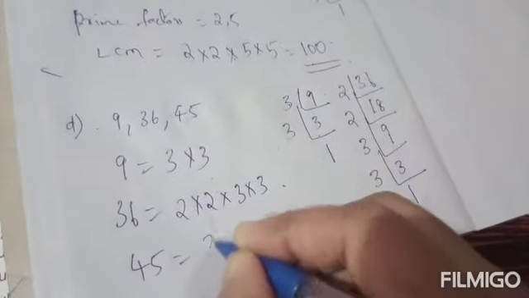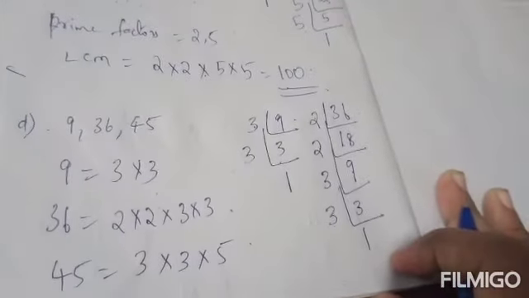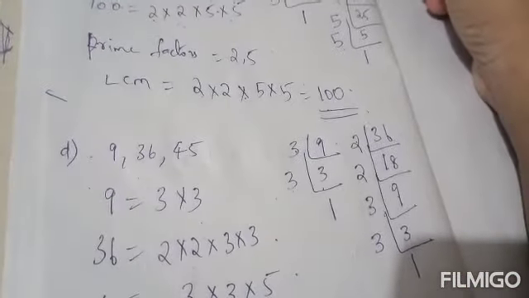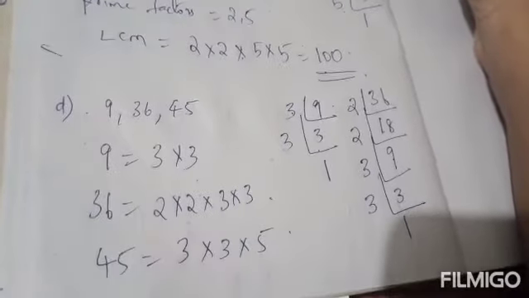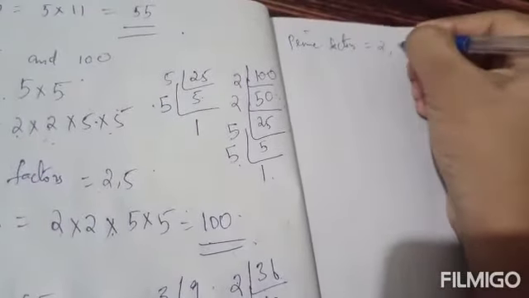So 45 equal to 3 into 3 into 5. Okay. So here what are the prime factors used? It is 2, 3 and 5.